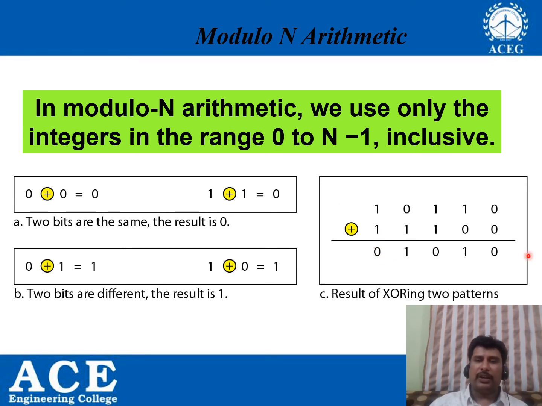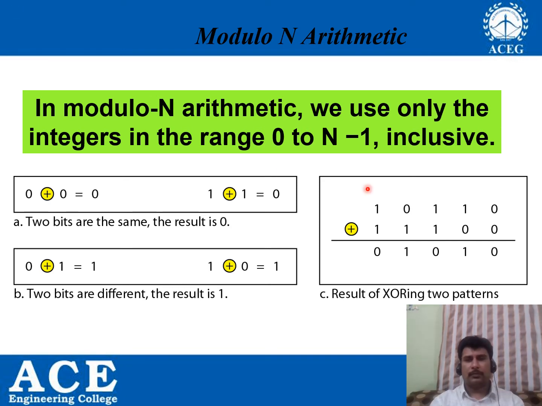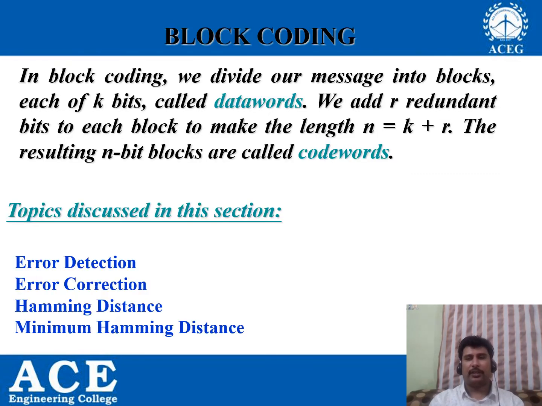So we are going to use modulo n arithmetic and the modulo 2 addition process for our error detection. This is how modulo 2 addition is implemented using an exclusive OR operation, and it will be very useful in error detection and correction.